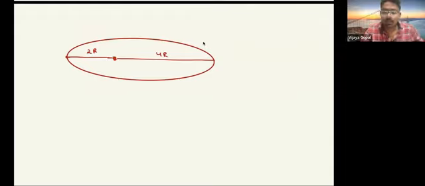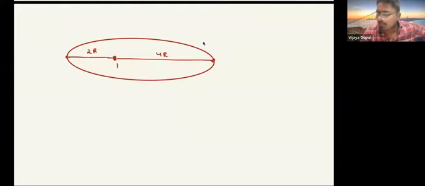You guys know angular momentum will remain constant. That is what Kepler's second law is: dA by dt equal to constant, which is L by 2m. Angular momentum remains constant. So you can find the angular momentum at any point, and that will be the angular momentum in the entire orbit. So first they are asking radius of curvature, angular momentum, all those things.